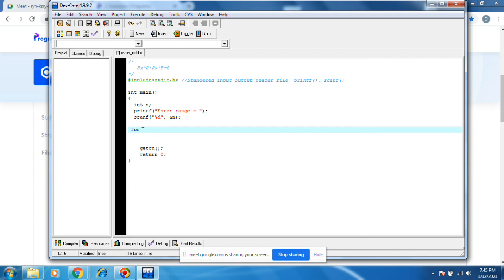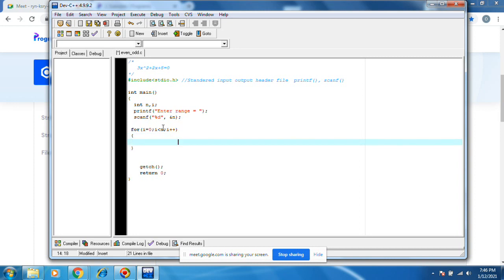For, we'll have the integer i equals to 0, i less than n, i plus plus. Let's see what it will print. Printf slash n, percent ld comma i.